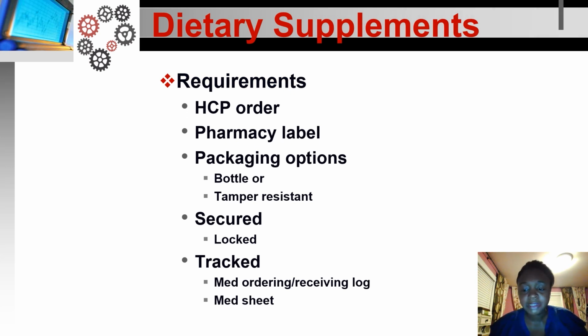Dietary supplements are the same. Most of them that I see are Ensure or Juven or something like that, but it's a medication. You might think, why is Ensure a medication? If someone is anorexic and the doctor orders 3 Ensures per day, that's extremely important. So that's a doctor's order, and we label it and track it as such, okay?